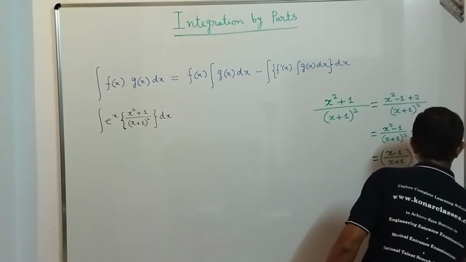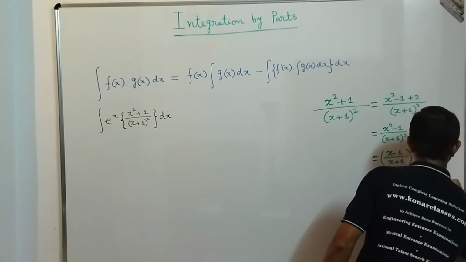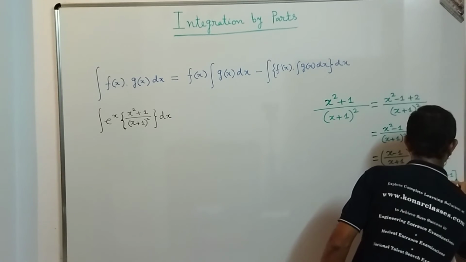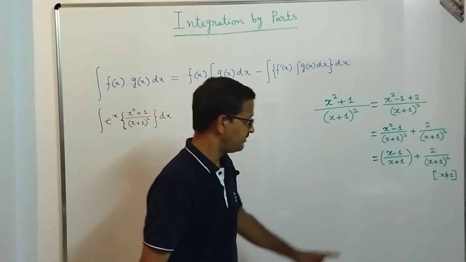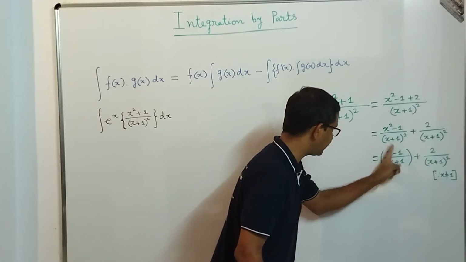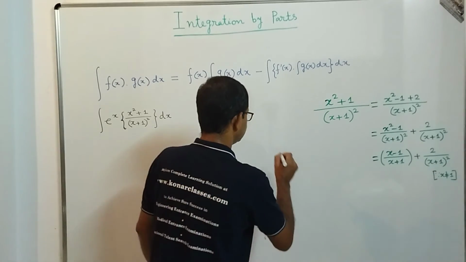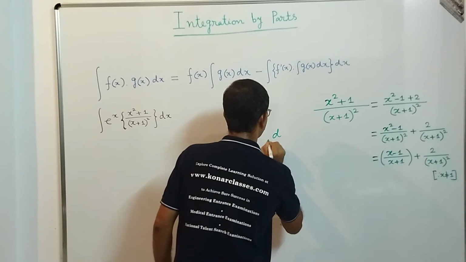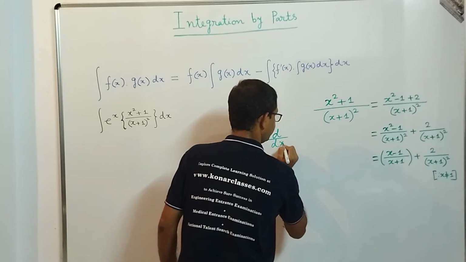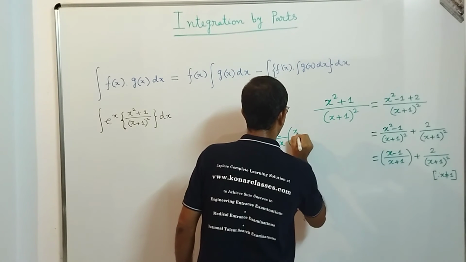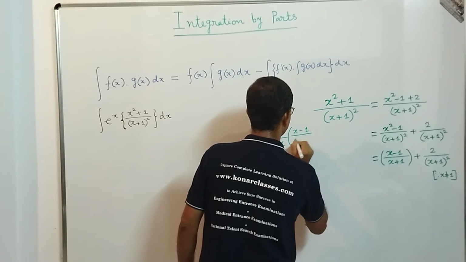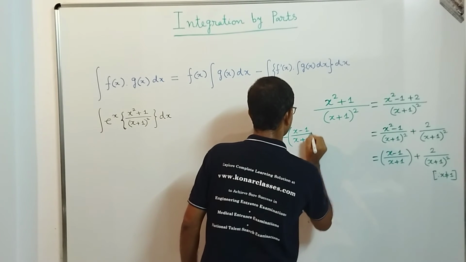So we can write it, since x is not equal to 1. Now dear students, if we look into it, this is f(x), and let us see whether this is f'(x) or not. So what we are going to do? We are going to perform d/dx of (x − 1)/(x + 1). Okay.